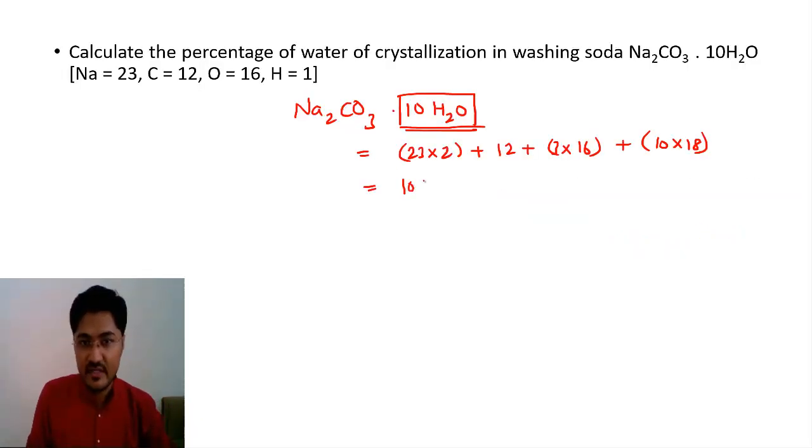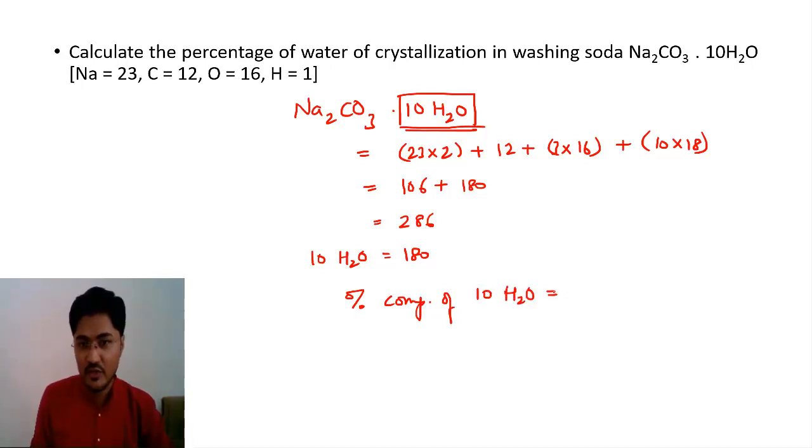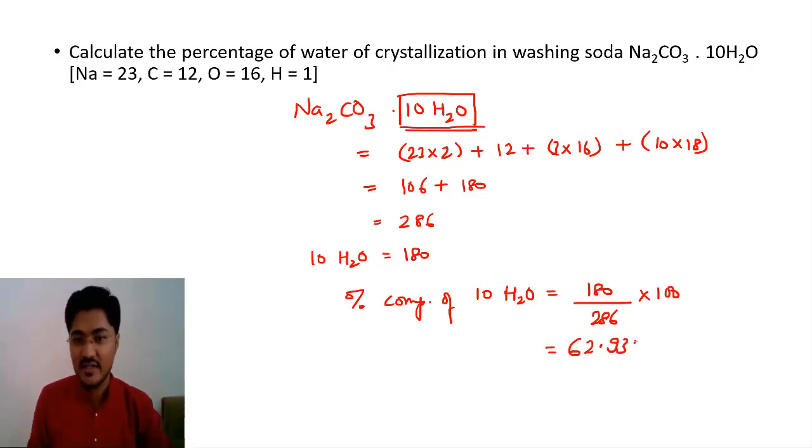Here we get 106 plus 180, that is 286, the total molecular weight. Now the weight of 10 molecules of H2O is 180, so the percentage composition of the water will be 180 divided by 286 into 100, and we get the final answer as 62.93%. And that's your final answer for this question.